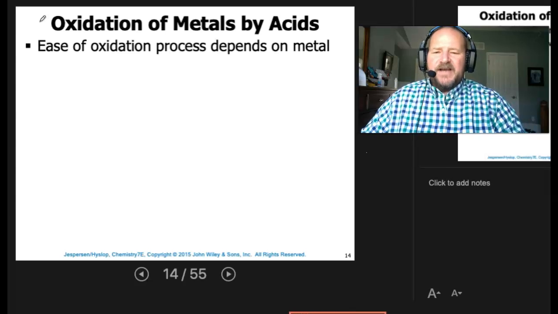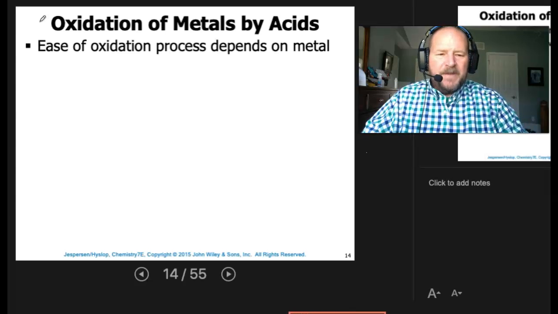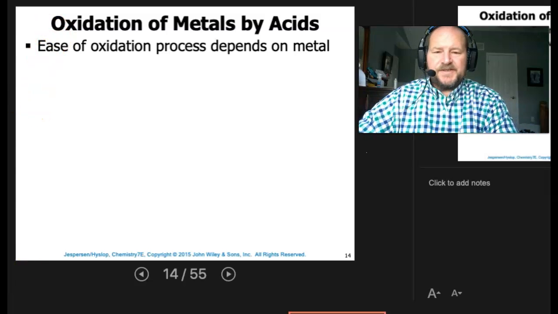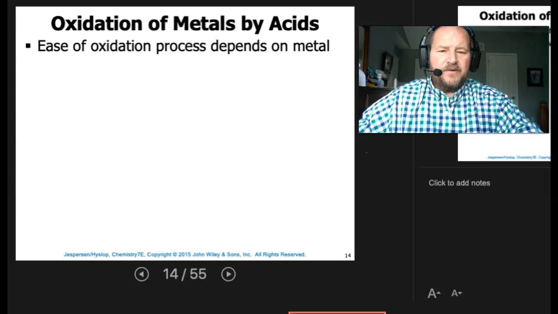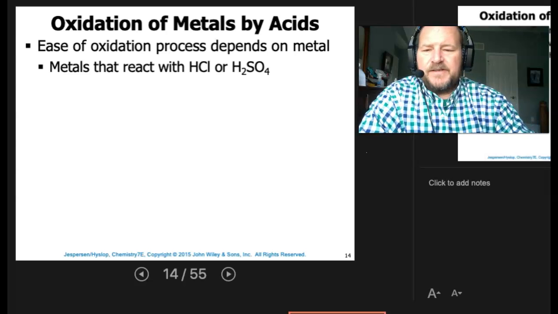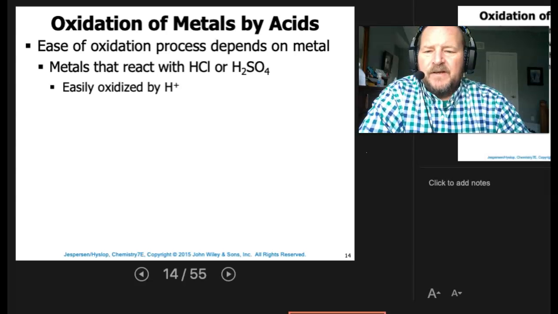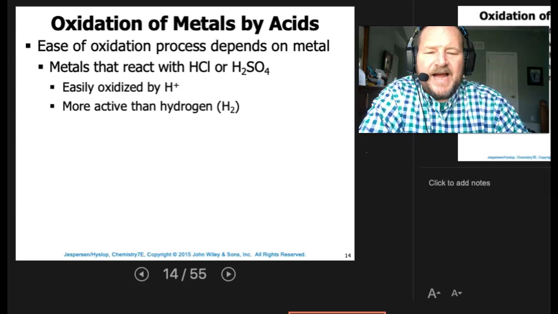All right, so the ease of the oxidation process is going to depend on the metal. Basically the metal is going to react with either HCl or H2SO4, right? So the metal is easily oxidized by the H+. The more active the metal is, the more likely this is to happen.